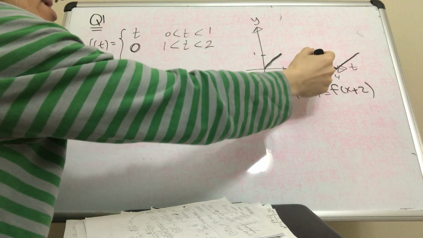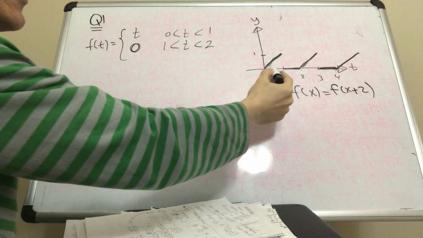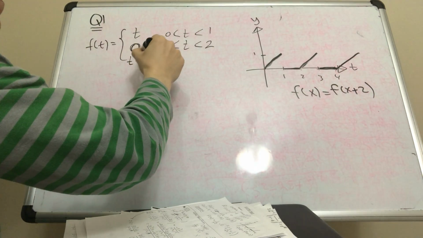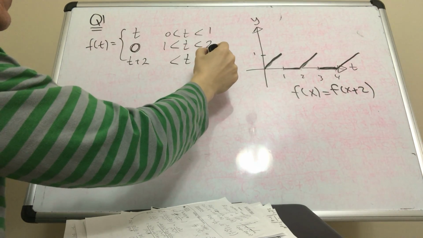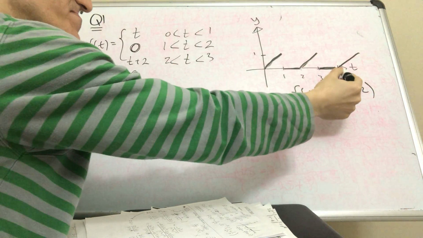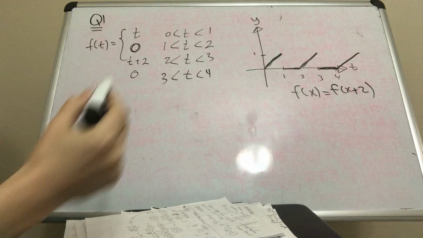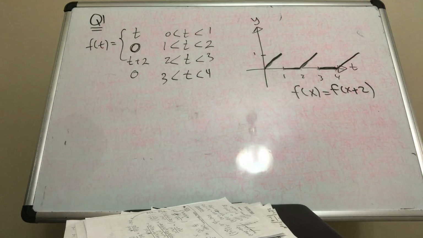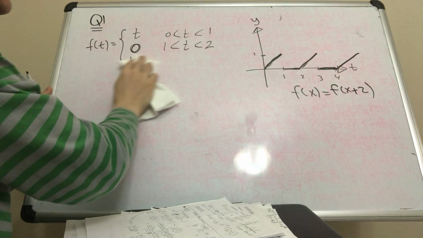Then this line, or this function, it's a straight line like this, but there is a shift too. And after this, from 3 to 4, it's 0. I did this all the way to the end, but then in his answer, he only did the first 2.